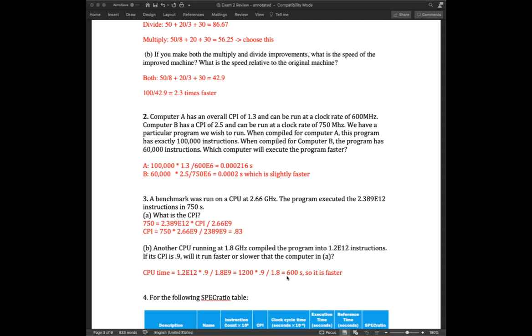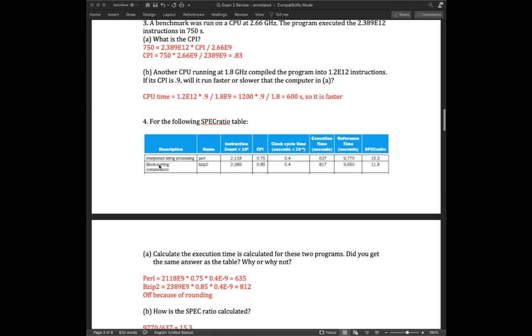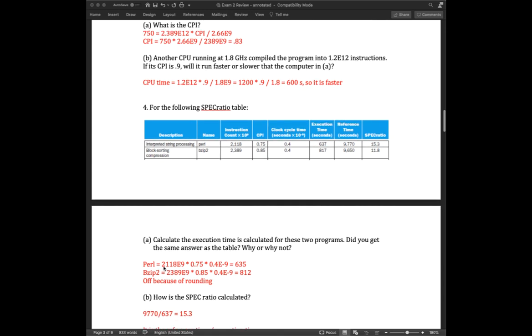Same for this part here. The SPEC ratio table for a given program shows their instruction counts, CPI, and clock cycle time. So this is really our formula we just looked at. This is our instructions times CPI times clock cycle time, and we get our execution time. So here I have you go through for two of these programs calculating, just so that will reinforce the idea of that formula again.